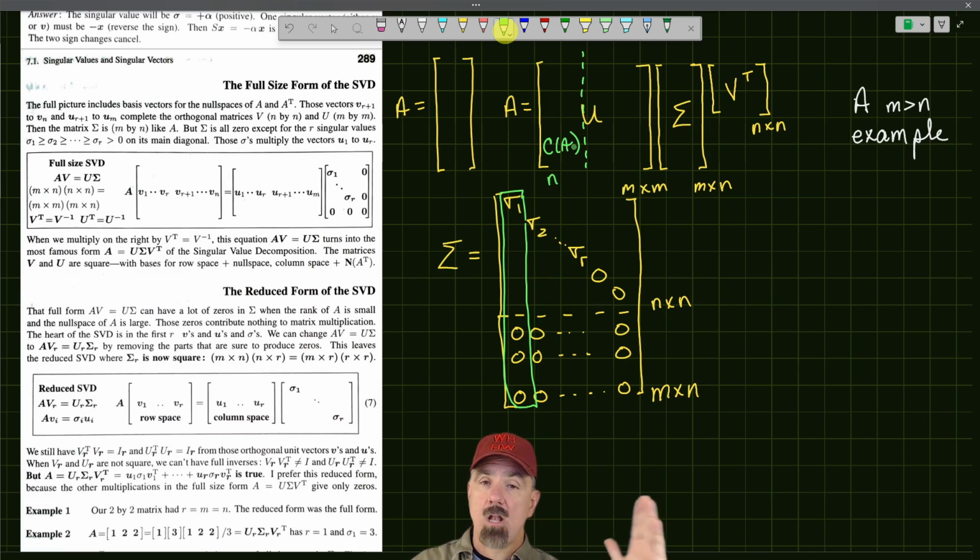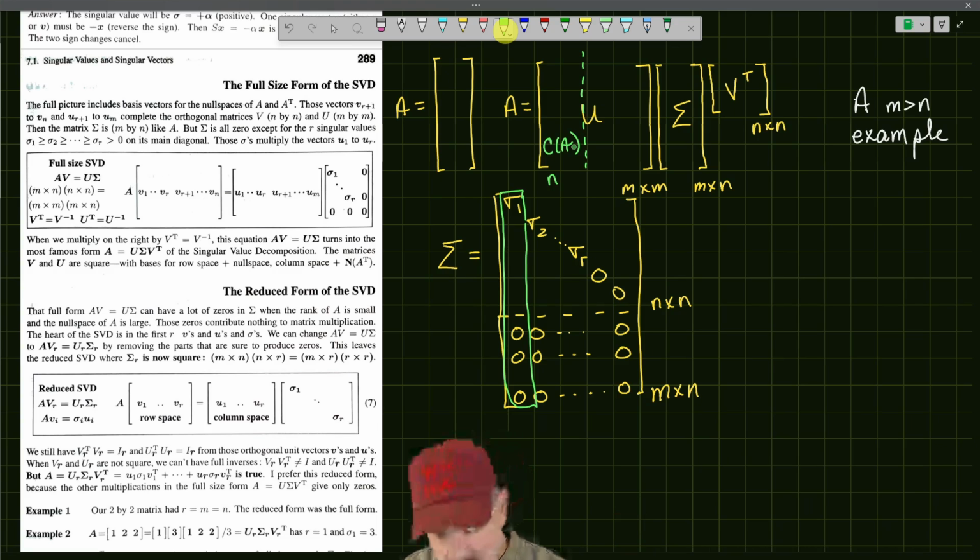Well, all of the columns of U are orthogonal. So what would the rest of the columns of U have to be? What is the vector space that is orthogonal to the column space? Remember the 4 fundamental subspaces. This would have to be a basis for the left null space.